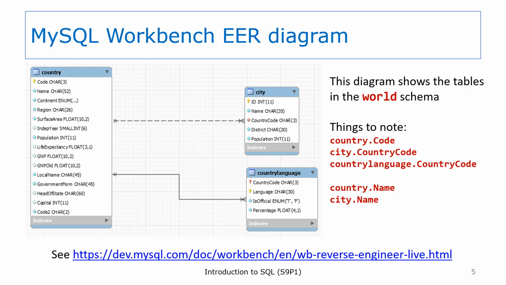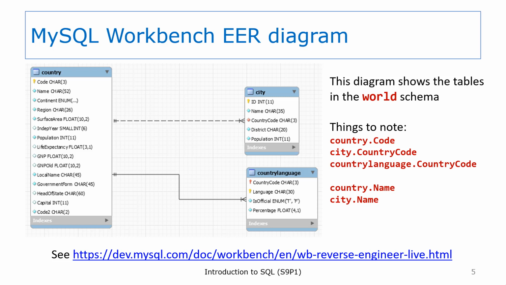The connecting lines indicate that the relationship is one-to-many. On the right side, where the connecting lines join the city and country language tables, you see that the connecting line branches out. That is a standard way to indicate on the diagram that there are many possible rows related to a row in the country table.